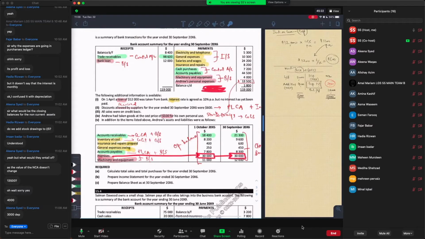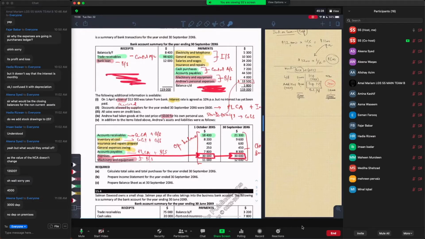Otherwise, we would have had a reference of additional premises bought on the payment side. No premises were disposed of either, because if we had any disposal of premises, we would have had references, some sort of a hint here on the debit side. So that means nothing bought, nothing sold, nothing is even depreciated. You can see the value is not even changing. So that means we don't charge depreciation on our premises.